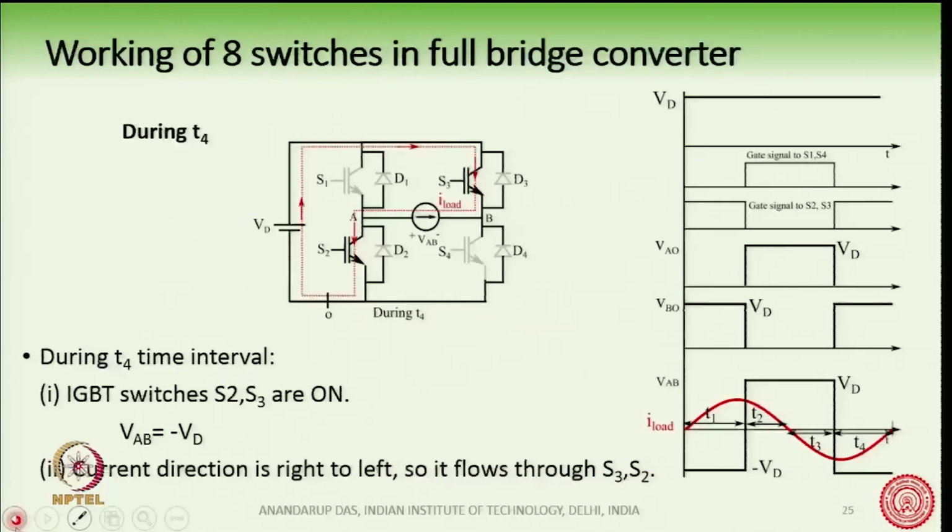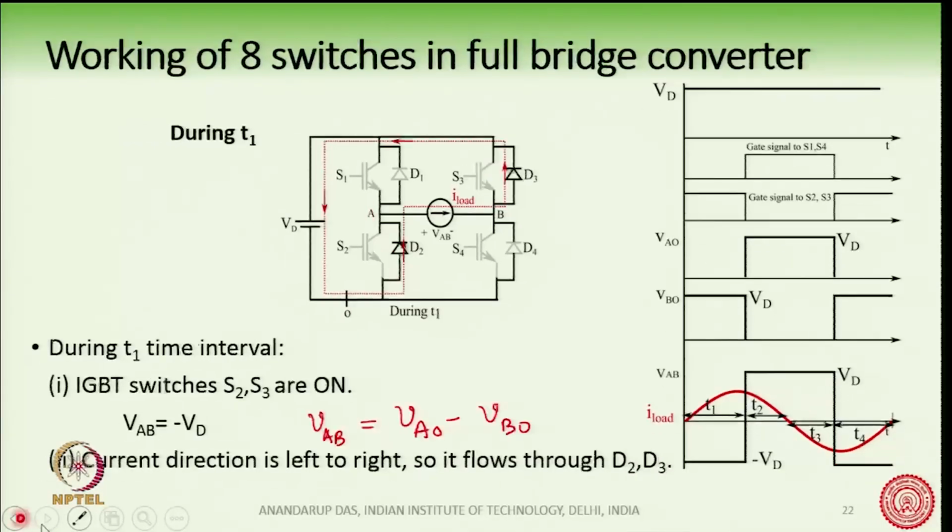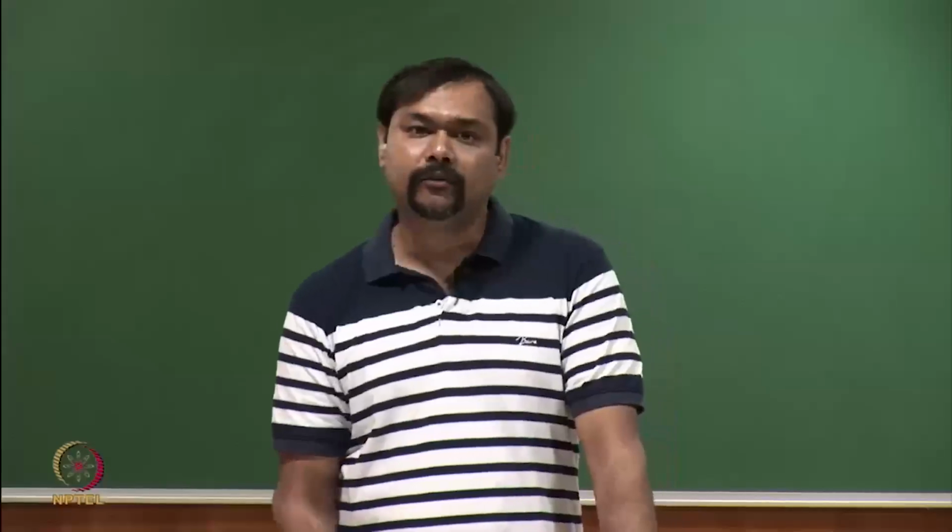But remember that one advantage of using a full bridge is that in a half bridge, the load voltage was fluctuating between 0 and VD, whereas in a full bridge converter the load voltage is fluctuating between minus VD to plus VD, which means that in a full bridge converter 2 half bridges are working together and we can make them work in such a way that we get double the voltage out from a full bridge converter as compared to the half bridge converter.